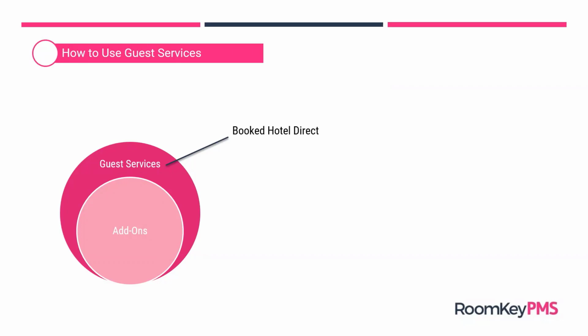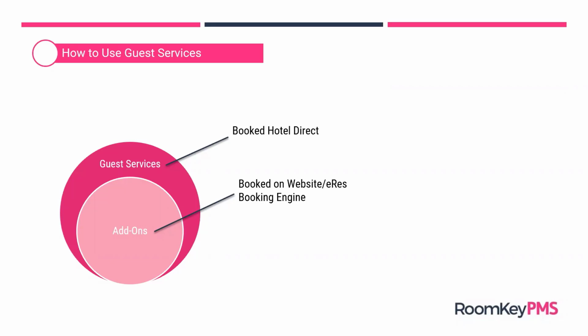And that's a little bit different. Add-ons are types of guest services, but these are booked by the guests themselves through the eRes booking engine. So if your property does not use the eRes booking engine, all of your guest services are just called guest services.